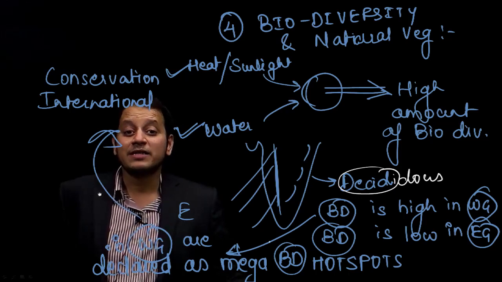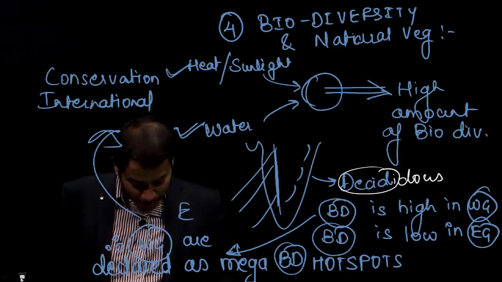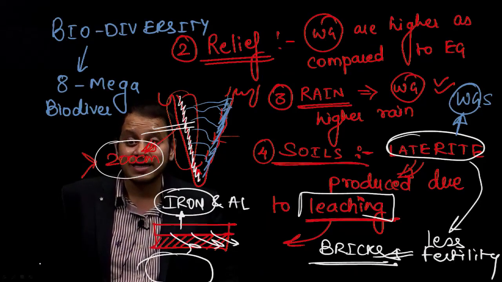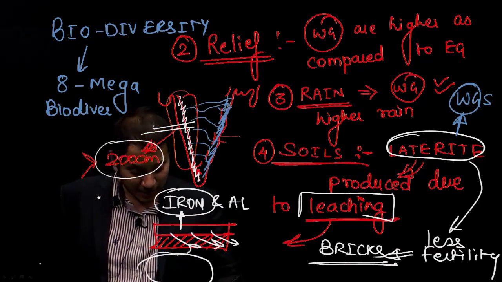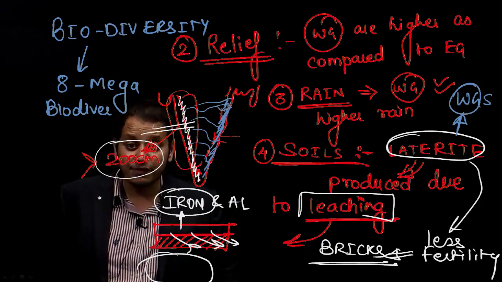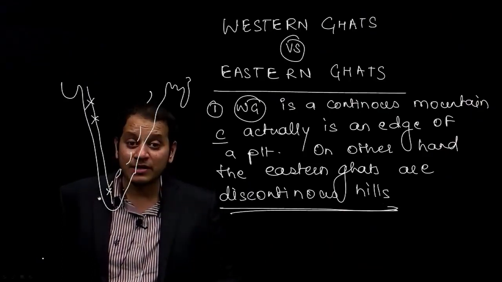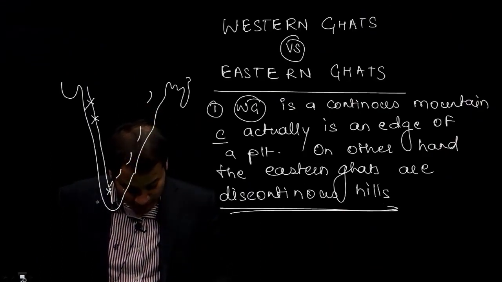After biodiversity and natural vegetation, what will you get from them? We did the relief, rainfall, soils, then the biodiversity.